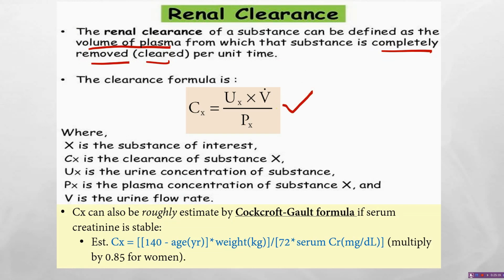Ux is the concentration of substance X in the urine, V dot is the urine flow rate, and Ps is the plasma concentration of the substance. This is the actual equation we have to learn, but there is something called the Cockcroft-Gault formula, which depends on the age and weight of the person. Roughly, the clearance can also be formulated by this, but these are not relevant clinically. It is a rough estimation.